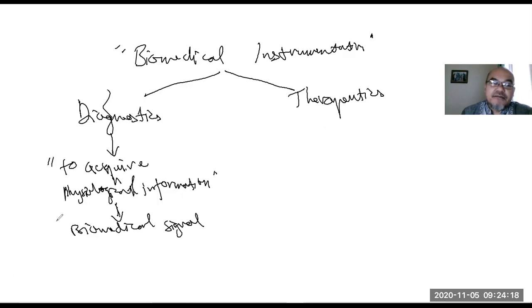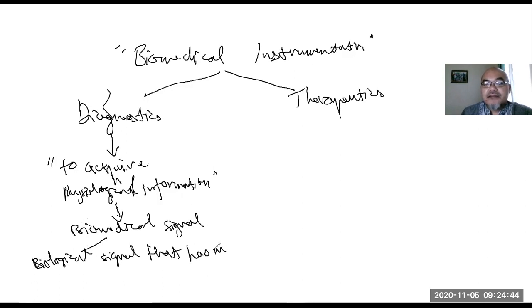It can be divided into the different anatomical systems in the body. So this is a biological signal that has medical meaning. That's what we call a biomedical signal.